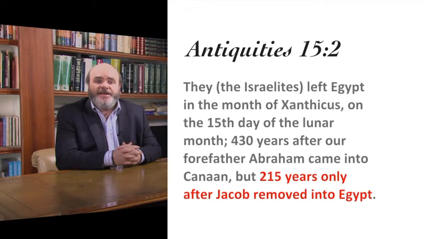He says this: "They, that is the Israelites, left Egypt in the month of Xanthicus, on the 15th day of the lunar month, 430 years after our forefather Abraham came into Canaan, but 215 years only after Jacob removed into Egypt." We shall see that his division of this time into two halves of 215 years is accurate.